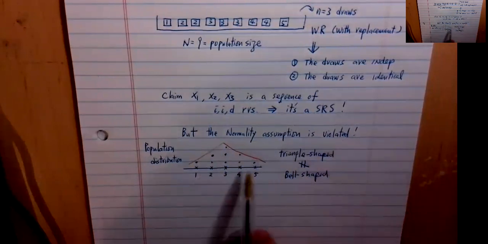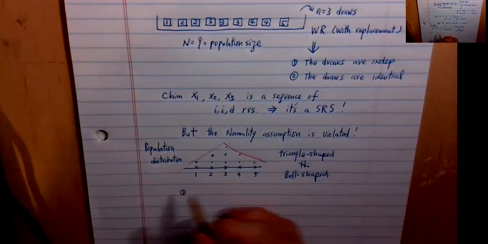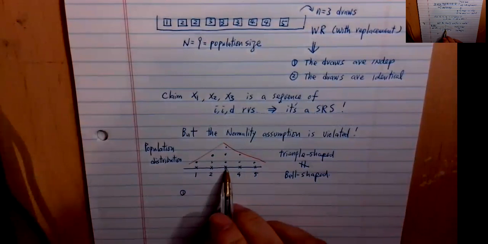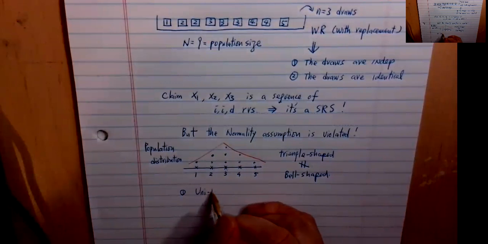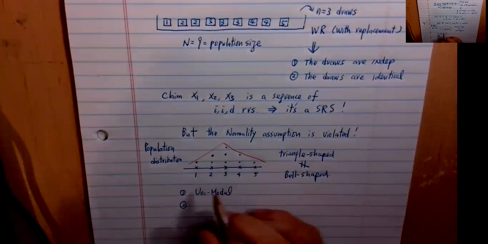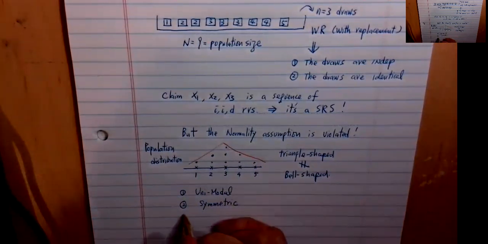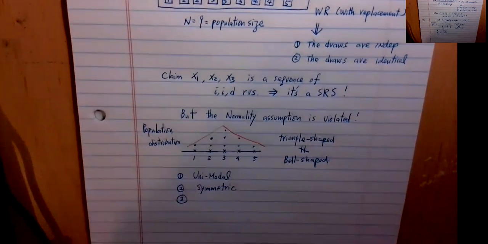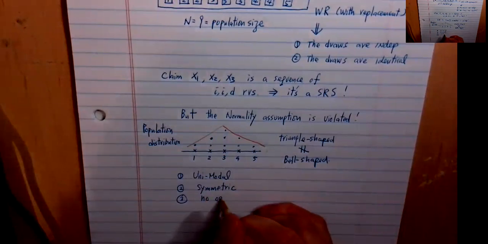Although the normality assumption is violated, let's look at the main features of this triangle shape. Although this is not bell shaped, it has all the main features that a bell shape has. First one, this is unimodal, one peak. Second, you find this is symmetric. And third, in this picture you don't see outliers.